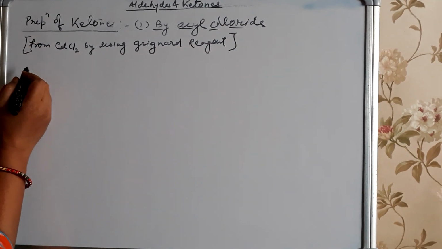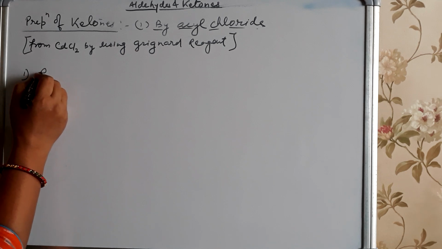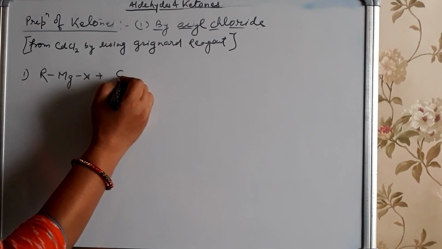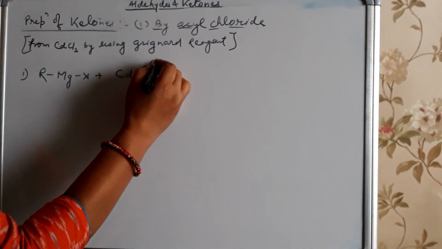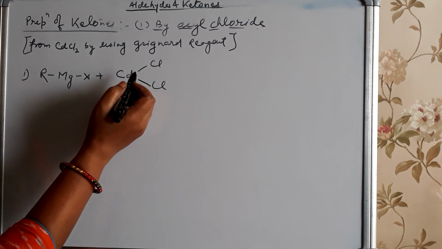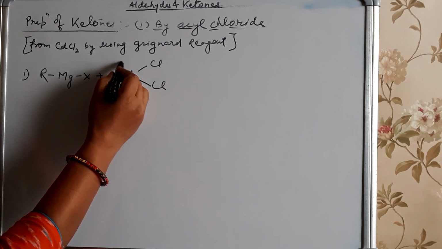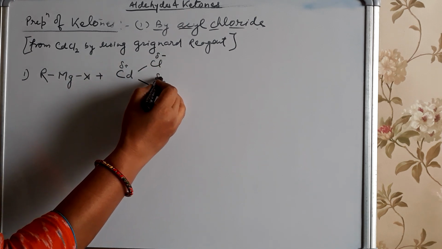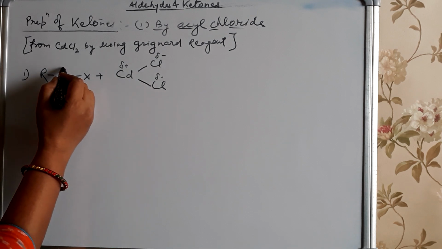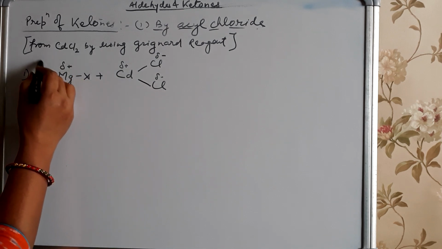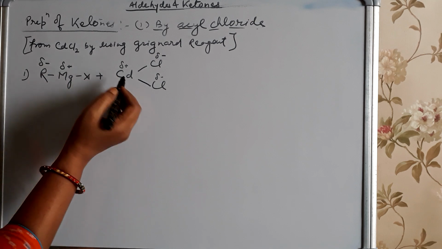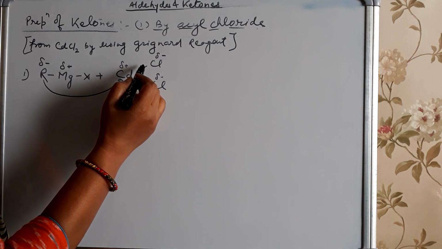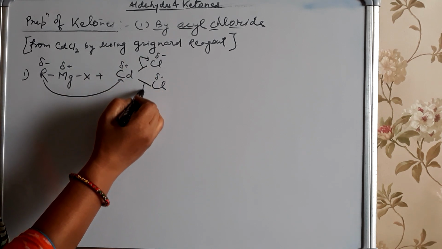See here, at first Grignard reagent RMgX is treated with cadmium chloride. We know that cadmium is a metal, it acquires positive charge, chlorine is a non-metal, it acquires negative charge, and magnesium also acquires positive charge and the alkyl group acquires negative charge. What happens? This alkyl group goes towards the cadmium and this is the good leaving group removed from here.